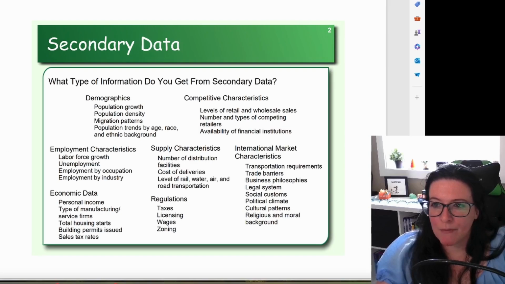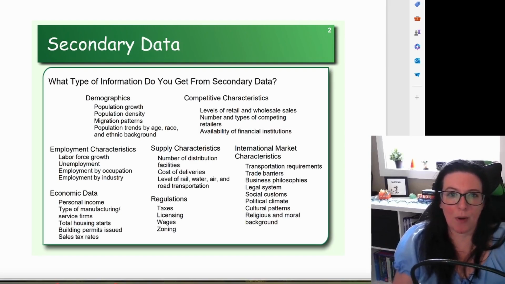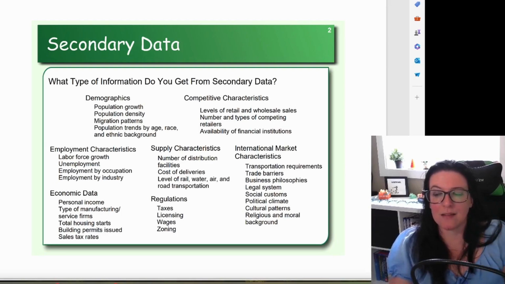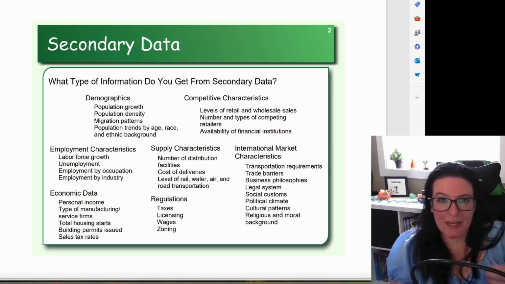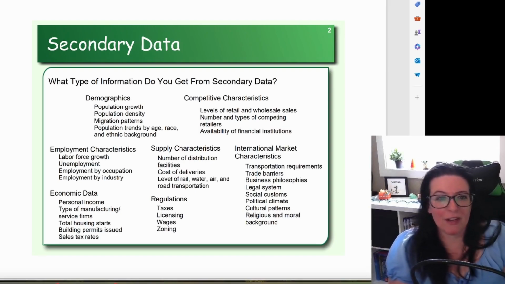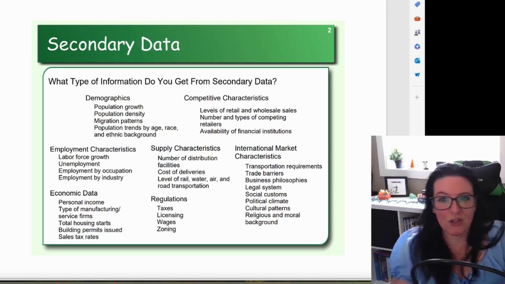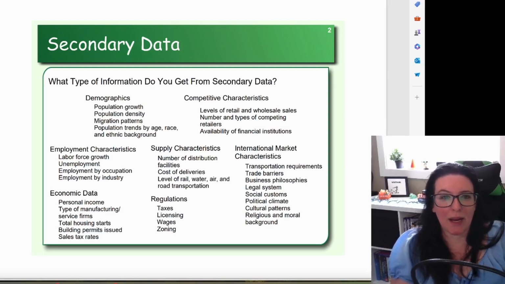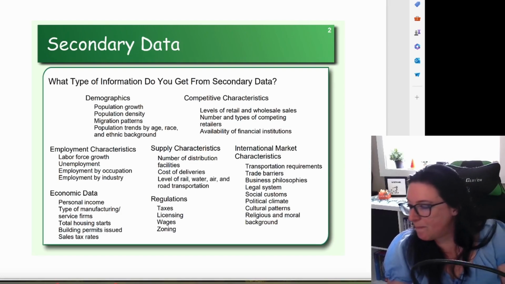So we might be getting information about what's happening with the population, the demographics of the population. So we can look at information from our city, from our province, from the federal government that looks at population growth, density, demographics of the population in terms of age, ethnic background. We can look at migration patterns in terms of where are people coming from as they move in.